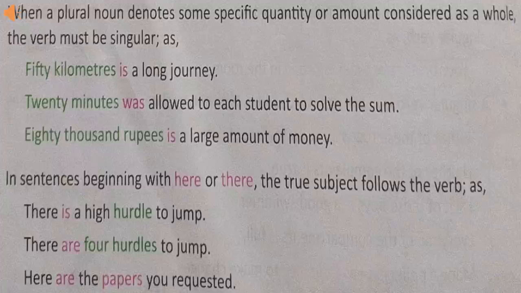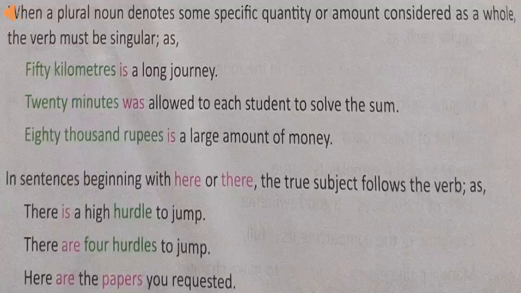When a plural noun denotes some particular amount or quantity considered as a whole, the verb is usually singular. For example, 50 kilometers is a long journey. 20 minutes was allotted to each student to solve the sum. 80,000 rupees is a large amount of money.